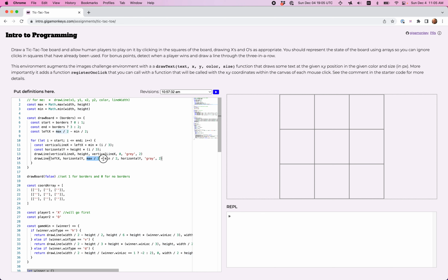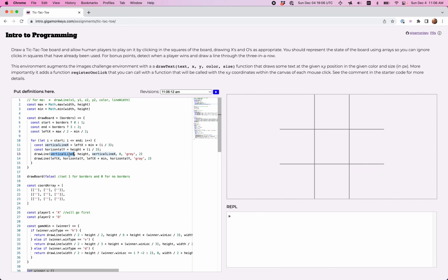But obviously the person who wrote this might have been conceptualizing things a little differently, but to my mind it's easiest to think of the line as going from a starting x position to an ending x position, and I know the dimension of the board is min, so I would much rather write that as left x plus min, and then it's kind of clear that we're drawing a line of that length, and I think this will still work, and we can find out. So indeed it does. Okay, so I feel like that's a little simpler.